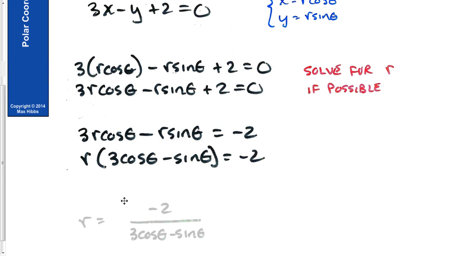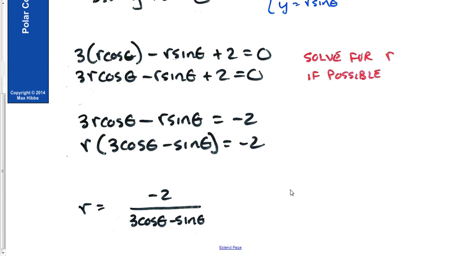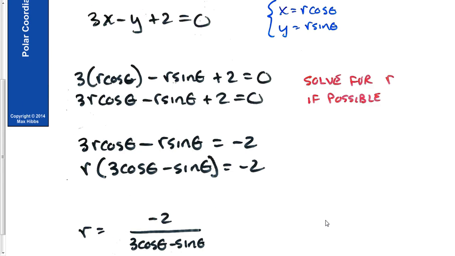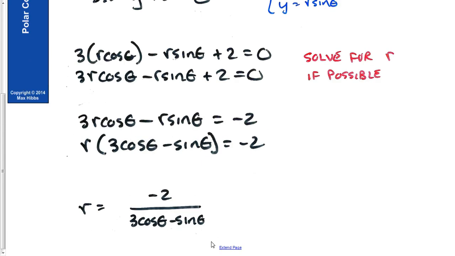When I divide on the right, I'm left with negative 2 divided by 3 cosine theta minus sine theta. So this is what we were after, but just to remind you that this is the equation of a line, and this is the equation of that same line in polar coordinates. This, I guess, looks a little more complicated, doesn't it? But nevertheless, that's what it is.